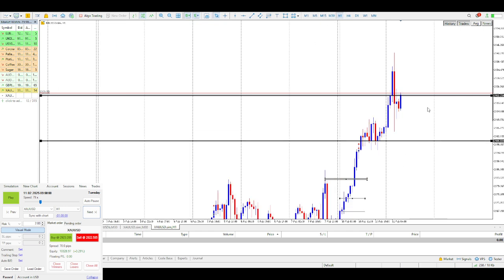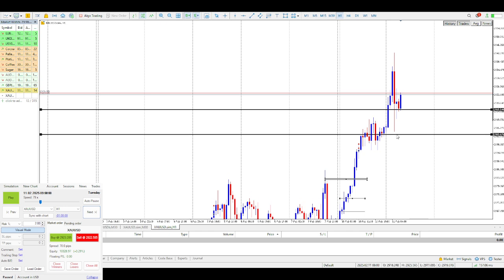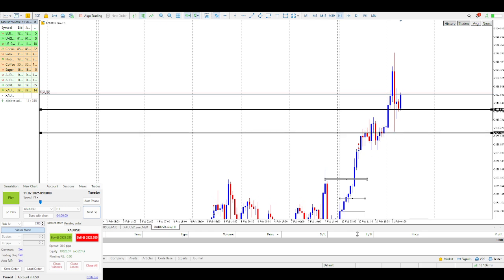On the 1-hour time frame, we have a support zone here, and we can adjust this support zone to below this week maybe, if price decides to retrace. But you can see that there was a support which was created, and price pulled back and closed in this range. Can this move down be a fake out?